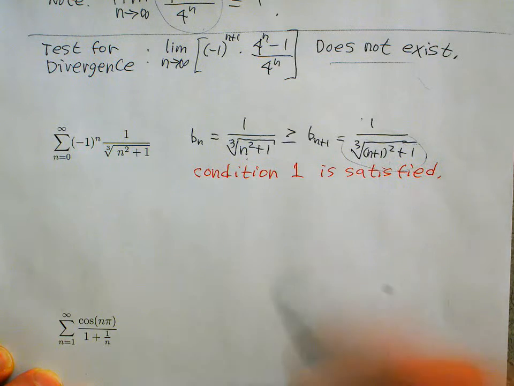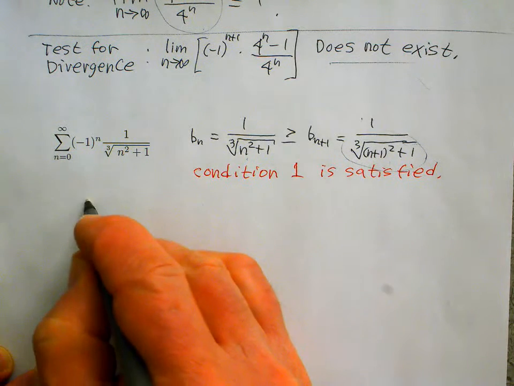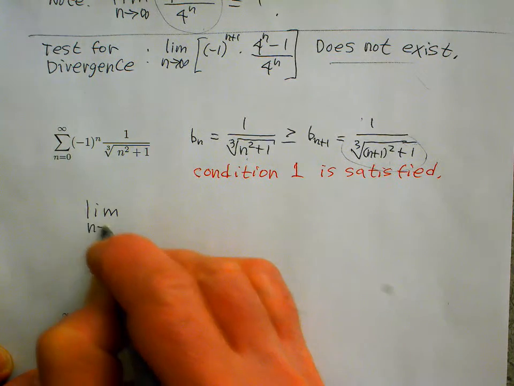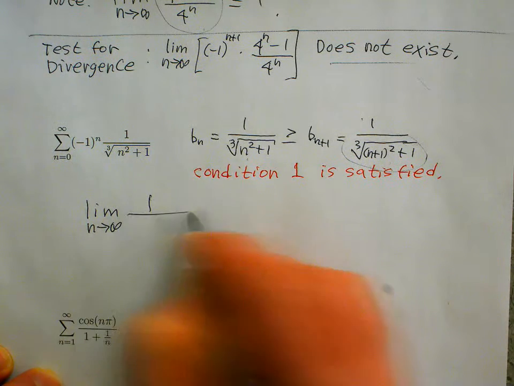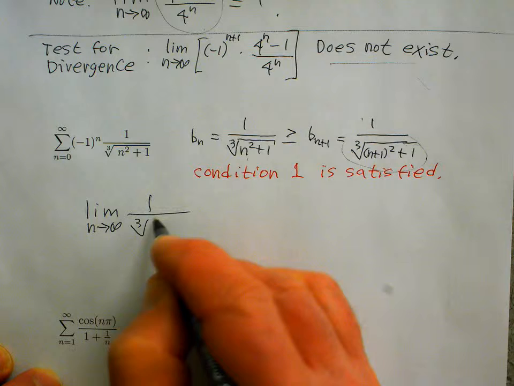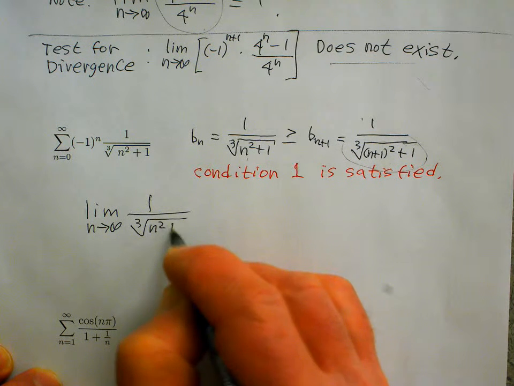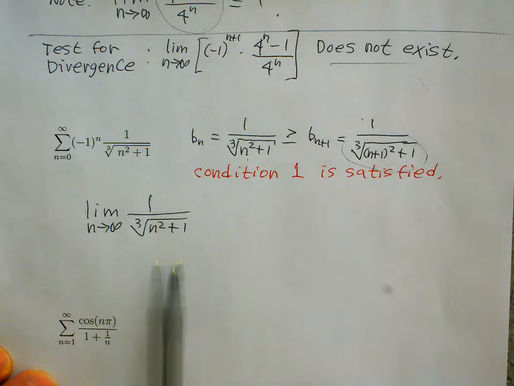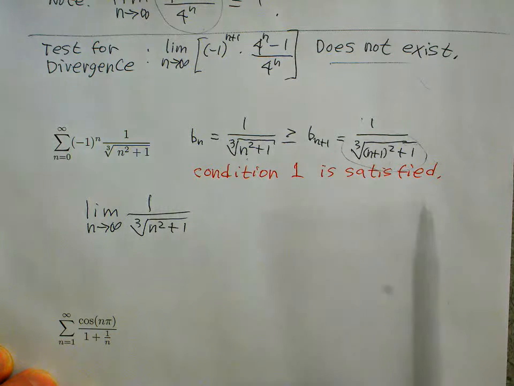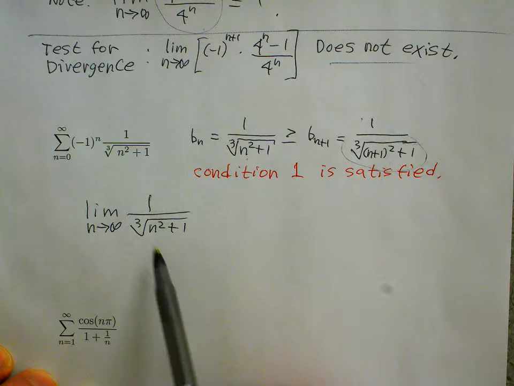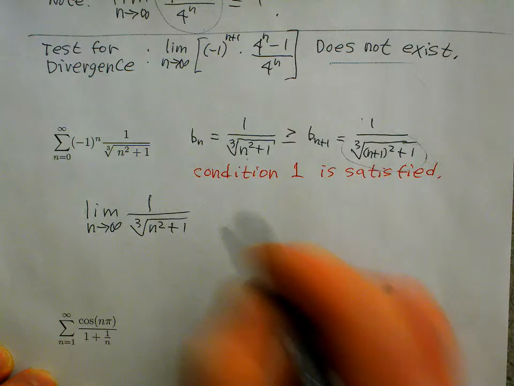And then the second condition, if we take the limit as n approaches infinity of the b sub n terms, well, it's pretty evident that the denominator approaches infinity. So 1 over a number that's approaching infinity approaches 0.